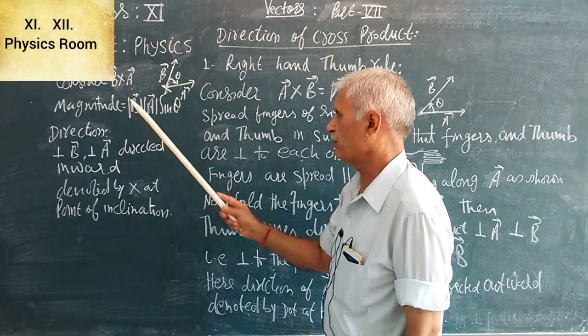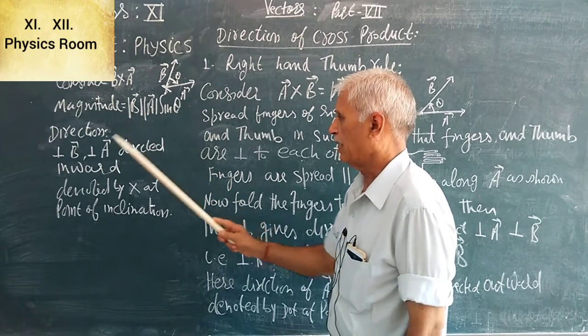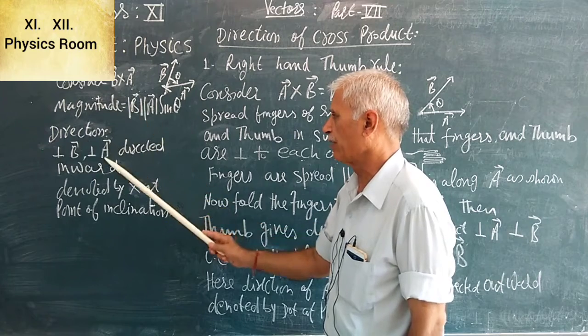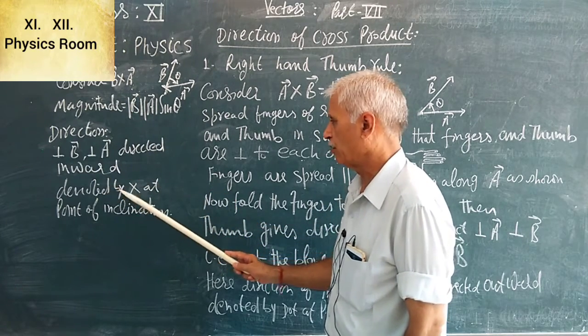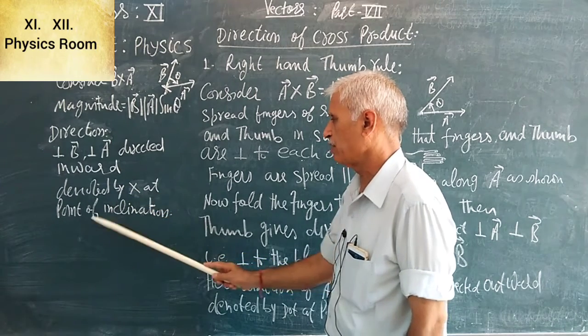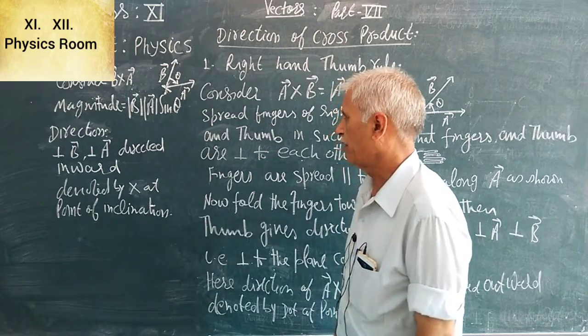The magnitude is mod B mod A sin theta, and the direction is perpendicular to B, perpendicular to A, directed inward, denoted by a cross at the point of inclination. How is it found?